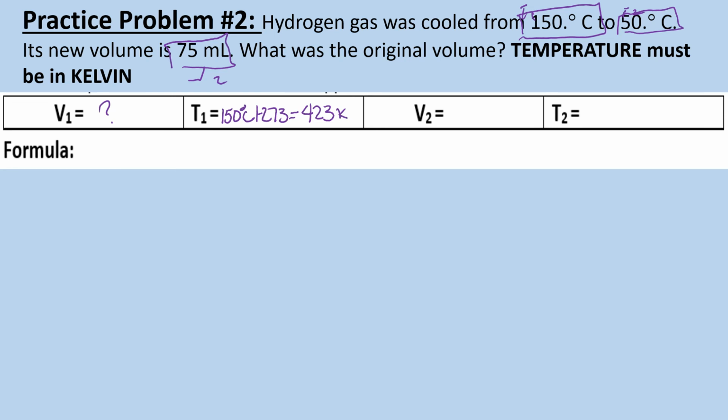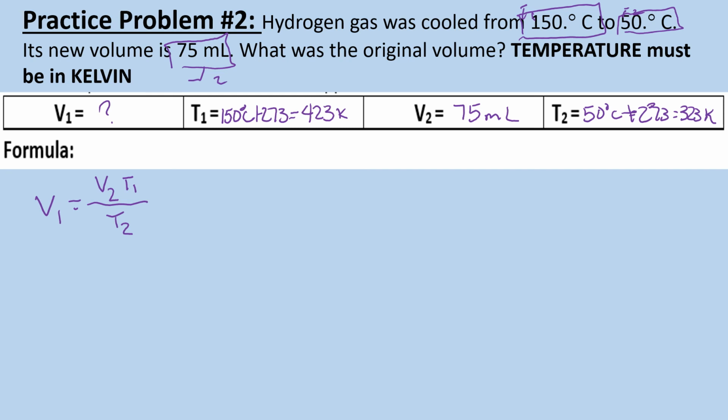Our volume was 75 milliliters, and our ending temperature was 50 degrees Celsius, or 50 plus 273 is 323 Kelvin. Our formula should be V1 is equal to V2 times T1 over T2.